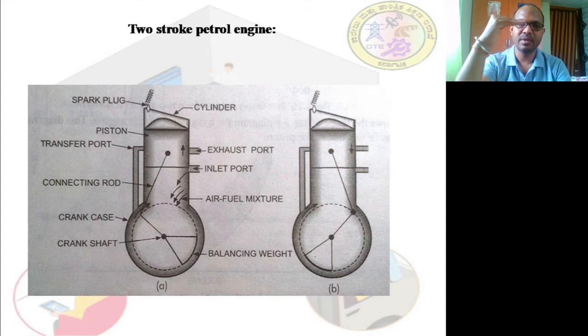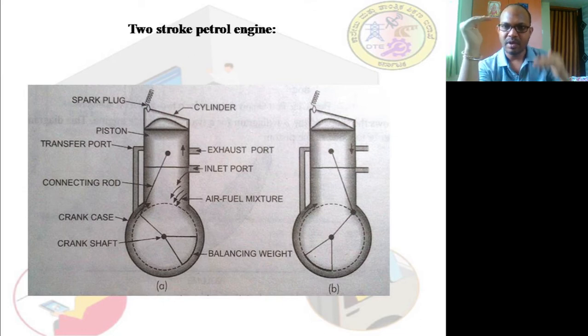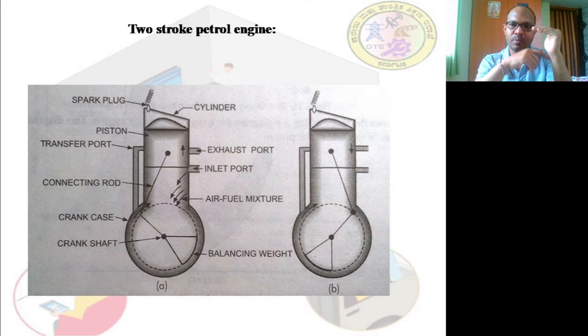Meanwhile, for example, my right hand is the exhaust port. Now this is the transfer port. What is happening? Through the transfer port, the fresh charge, the petrol and air mixture, is entering into the cylinder. Through the exhaust port, the waste gases or the smoke are going out, and this is coming in.